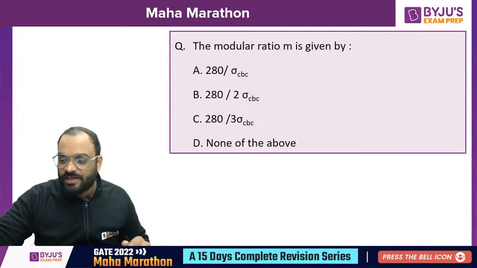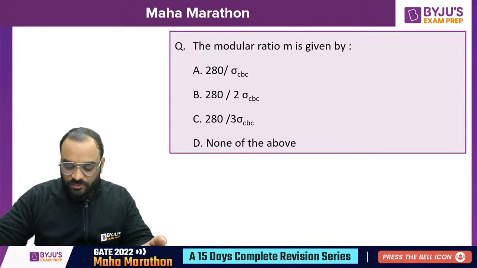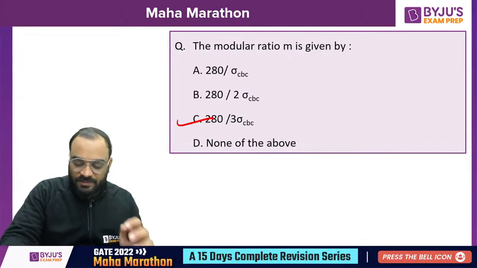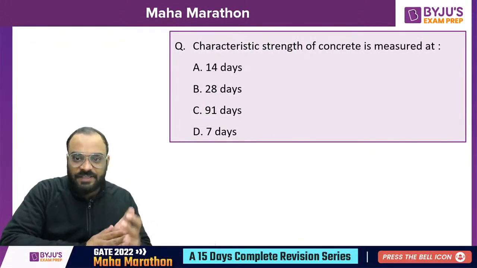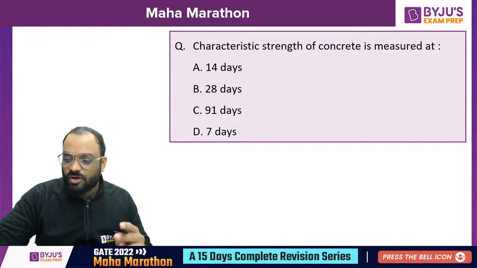Modular ratio. Tell me guys, all these questions are 1 mark problems, right? These questions are 1 mark problems based on codal provision. Modular ratio. C. 280 by 3 sigma CBC. Characteristic strength of cube for concrete.